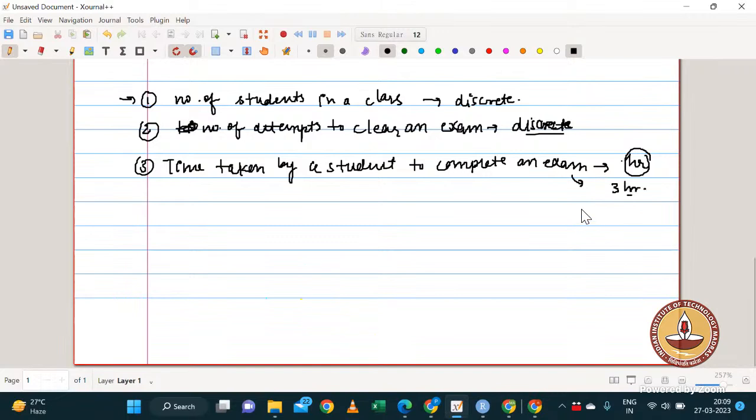A student can take any time between 0 hours to 3 hours. He can take 1 hour 15 minutes, some seconds, some nanoseconds, right? It can take any value from 0 hours to 3 hours, and you have to measure the time. You are not counting the time.